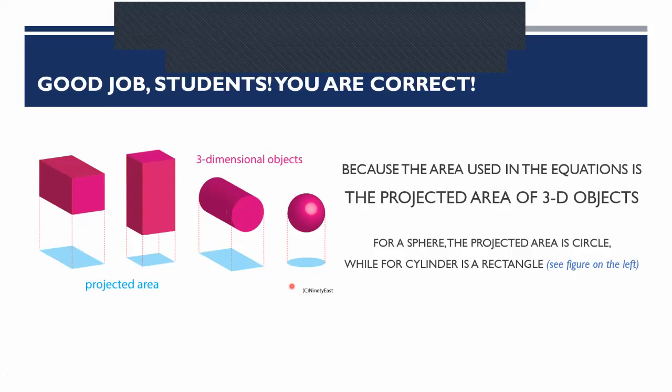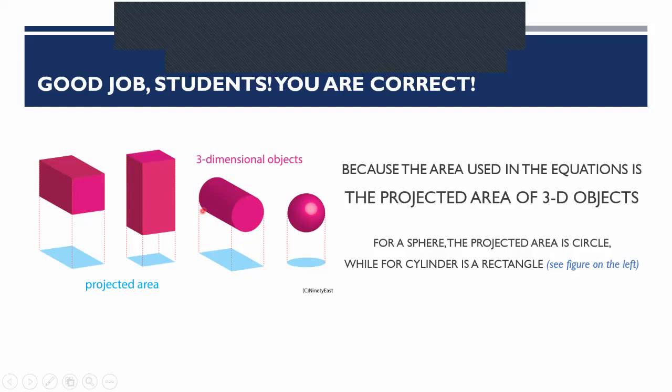So what we use in the equation is the projected area, not the actual area. If it's the actual area, then of course it's the area of this side plus this side and the back side.